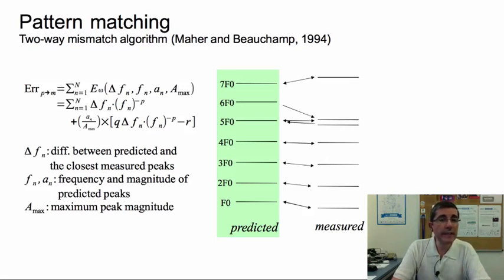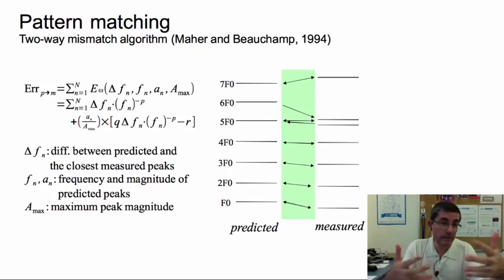So what we're going to do is measure the distance between this pair of values. Okay, so we will be measuring the distance between the predicted to the measured and also from the measured to predicted. That's why the term two-way mismatch, because in fact this distance will not be the same.